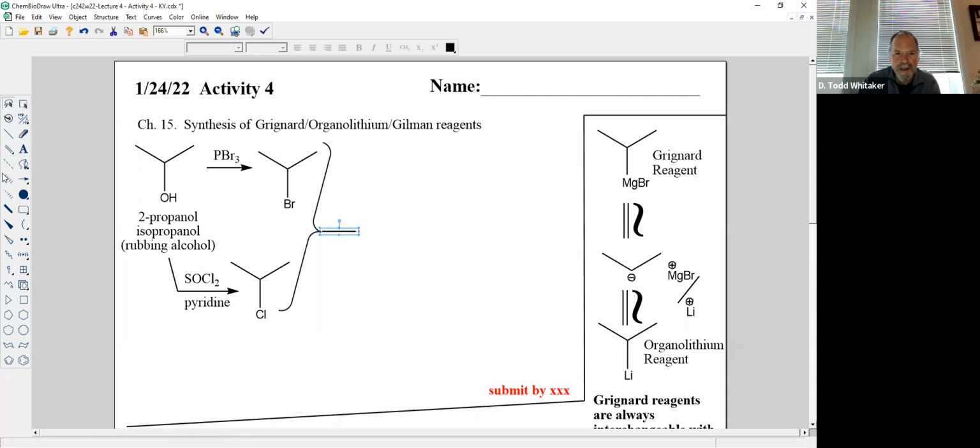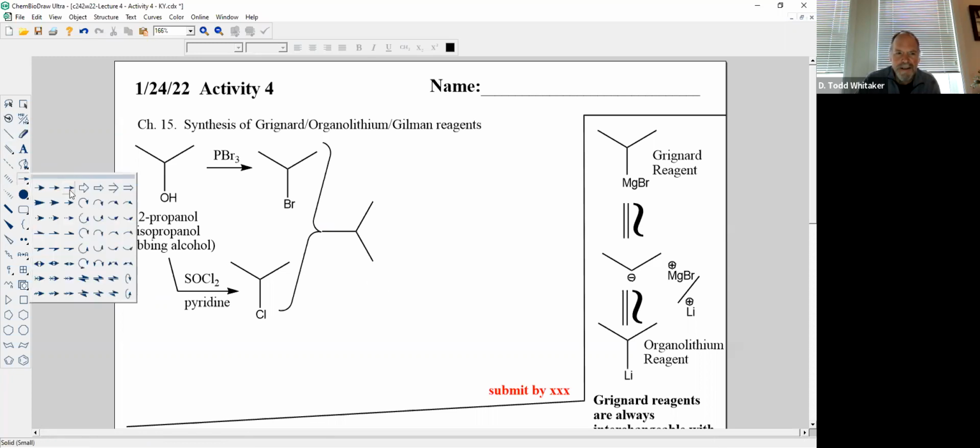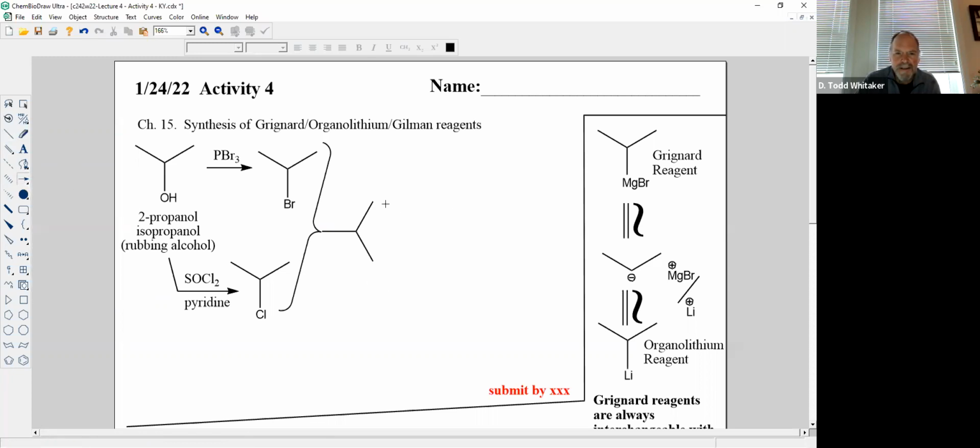That's going to be an arrow going to here, and then a different arrow going here. A nice little summary here. We can make the organolithium there. Make the Grignard here.